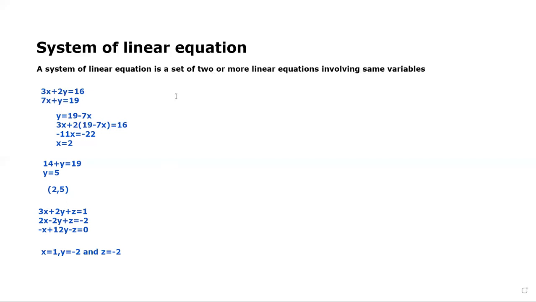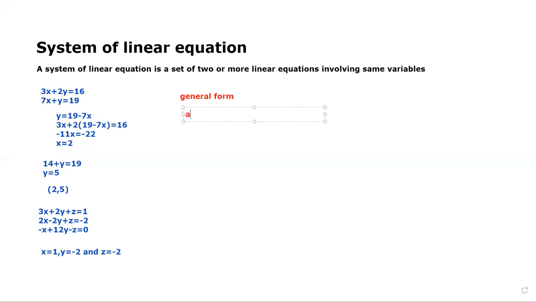The general form will be like this: coefficient into x plus coefficient into y plus coefficient into z, dot dot dot, equals coefficient.